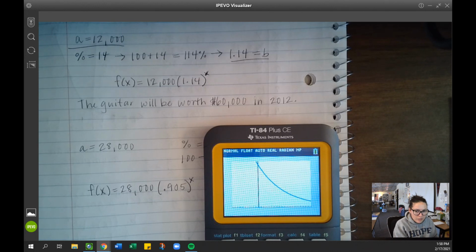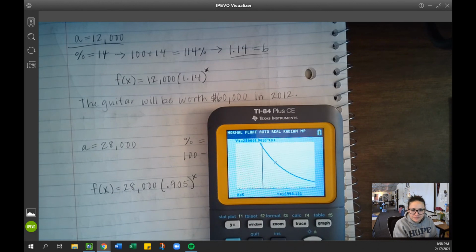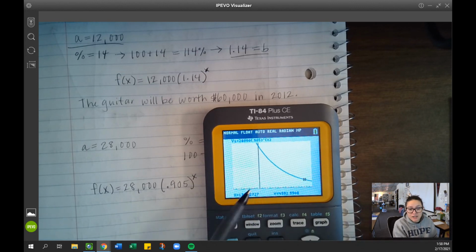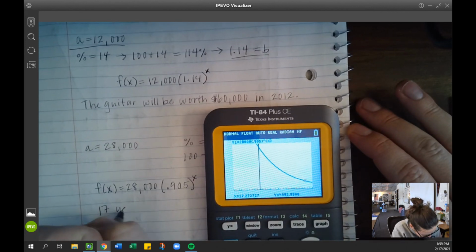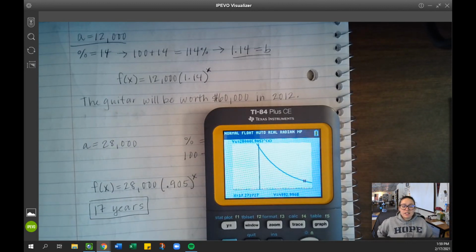I want to know when we get to 5,000, so again, I'm going to hit the trace button and keep going. All right, 4,992.99. So $7 off. So when x is 17.27, it will take 17 years for the truck to be at a value of $5,000.